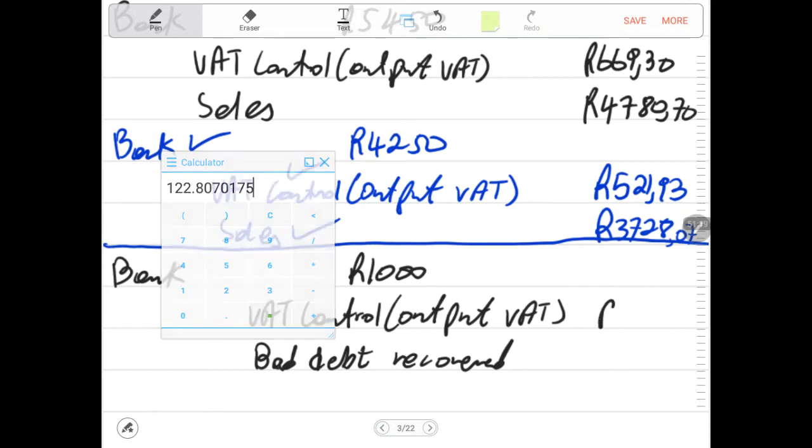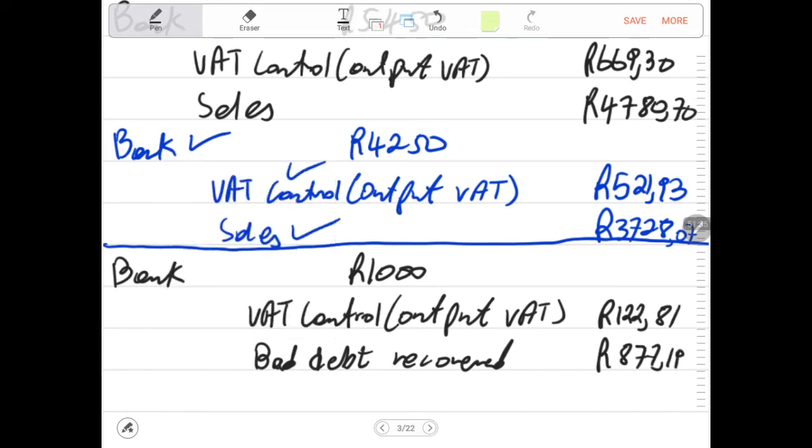We get the amount of VAT as 122.81, minus 1,000, it is 877.19.